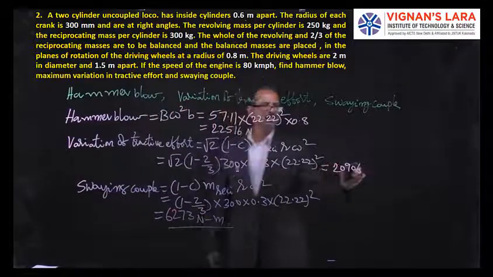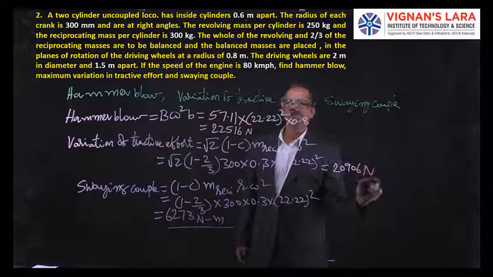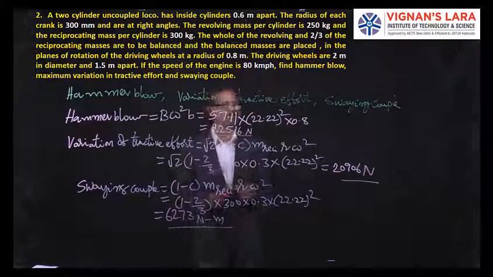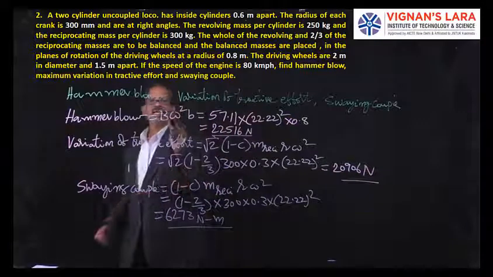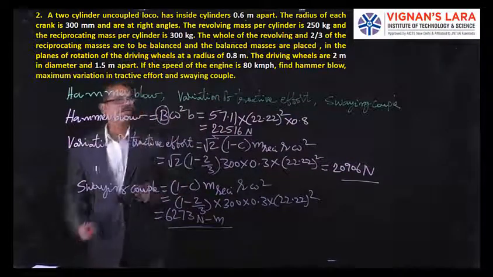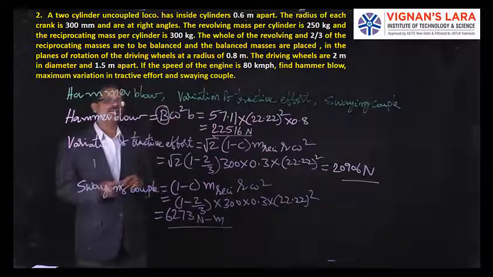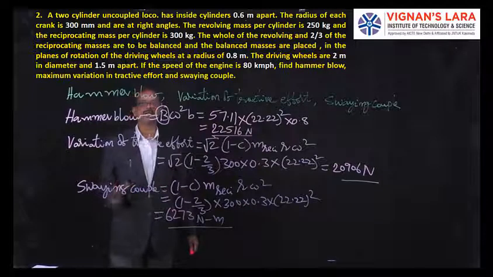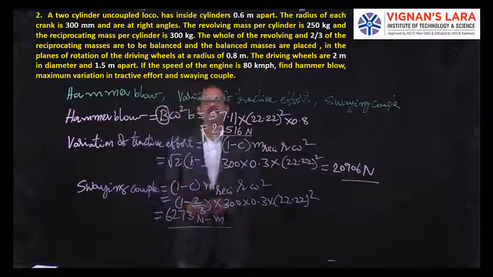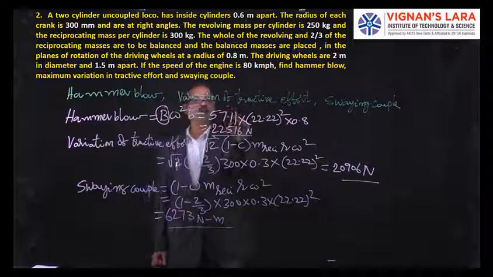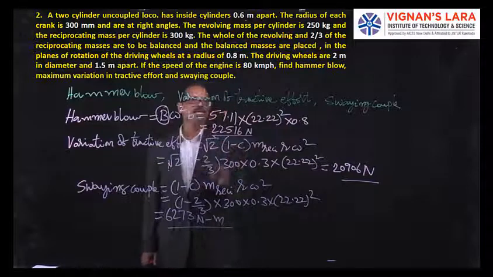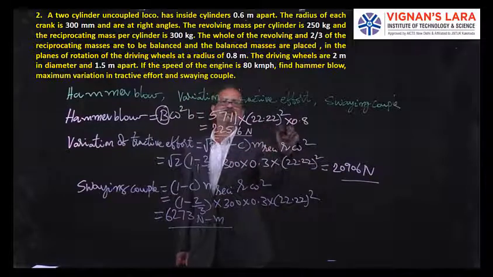So this is force in Newton, this is also force in Newton, and this is the couple in Newton meter. Here B in the hammer blow evaluation is the mass required to balance only reciprocating parts. Just before this slide I calculated the value of B and substituted it here with the remaining data.